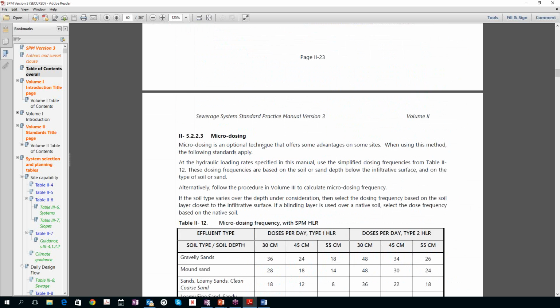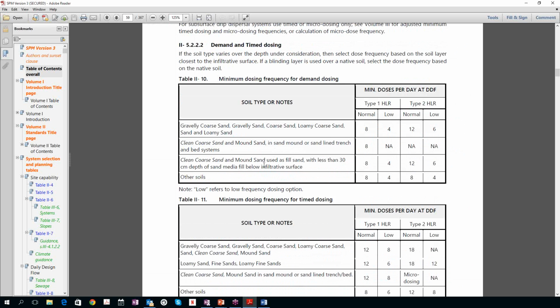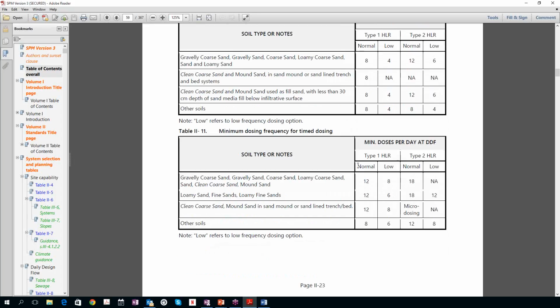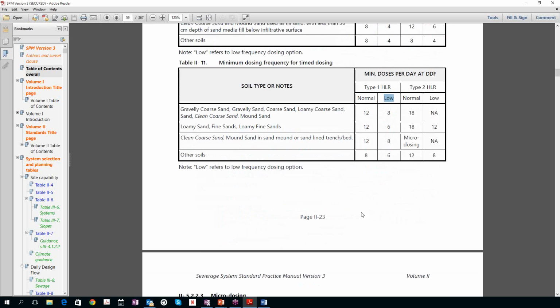So the two-pronged approach means that we have to go back to these tables and decide whether it's in this column or that column, and so on, based on number of doses per day. Same thing in timed, because there's a different depth of soil required depending on whether it's normal or low.